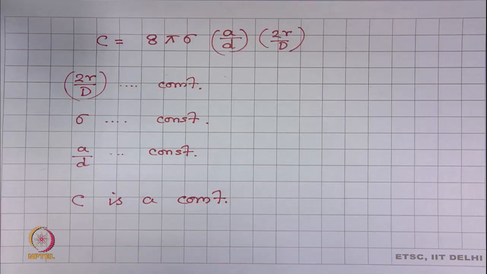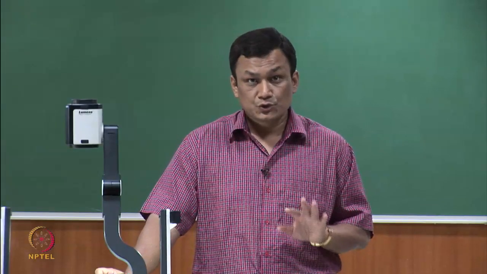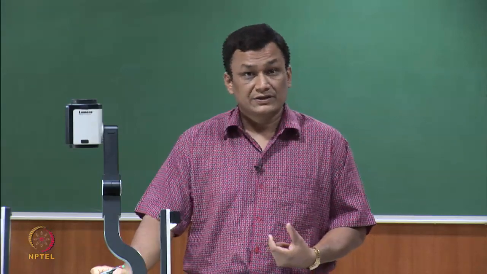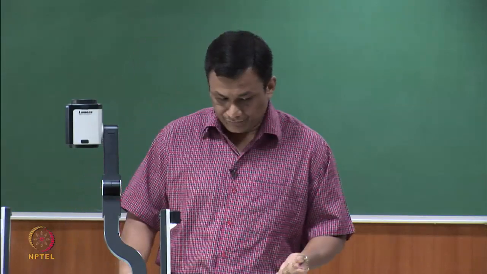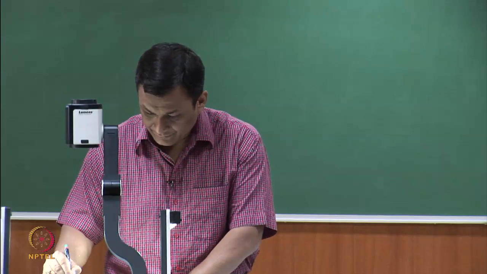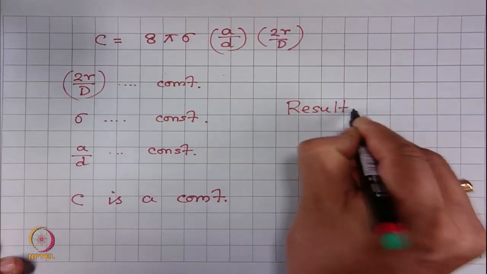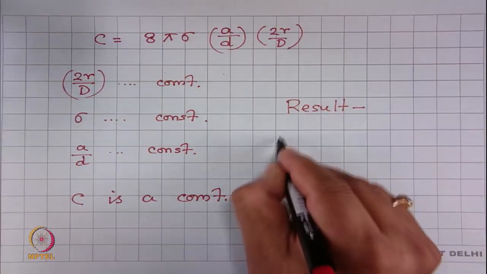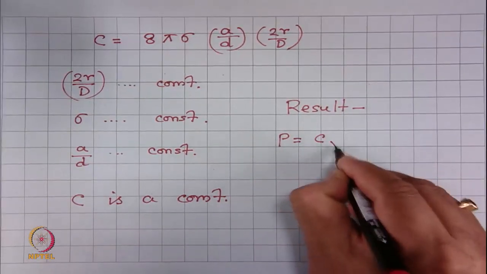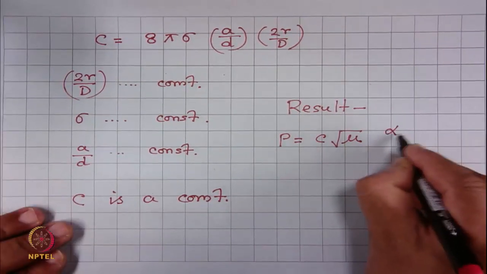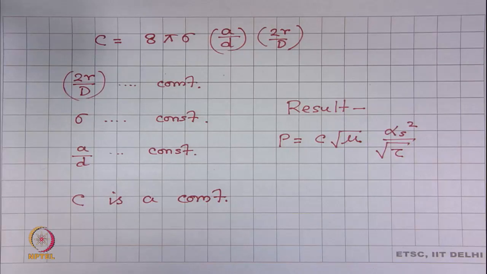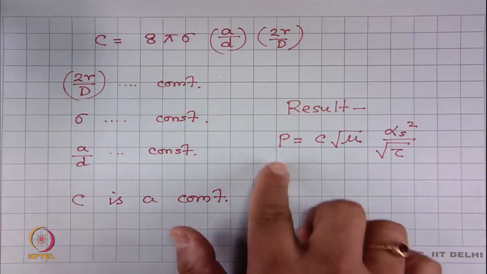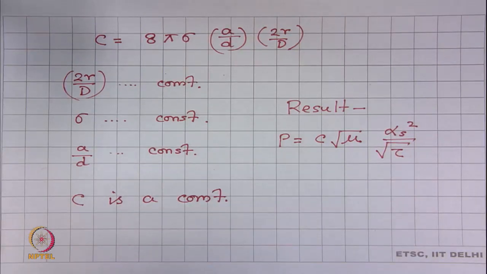It is very difficult, probably impossible, to measure experimentally the value of C, right. So, what is our result? Our final result is P is equal to C root mu square by tau, right.